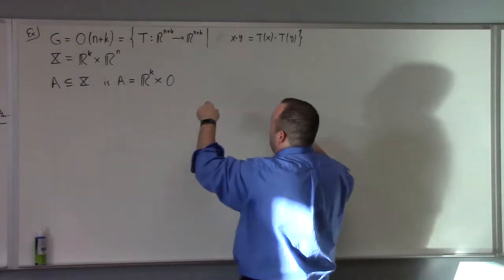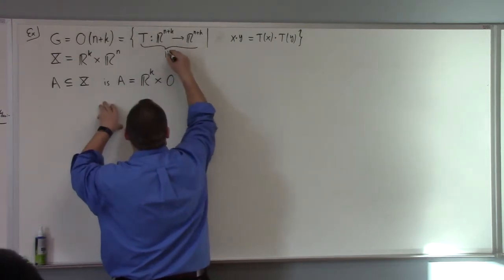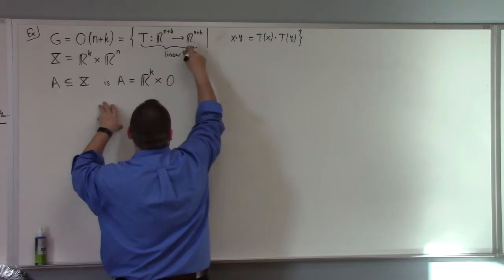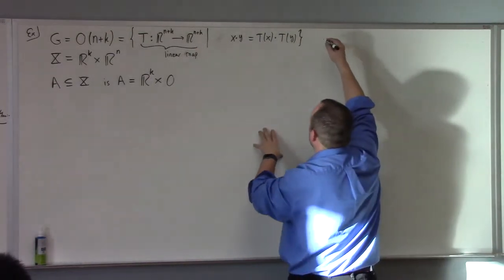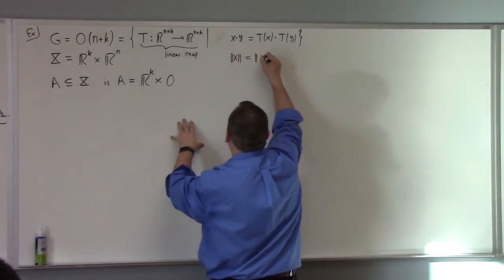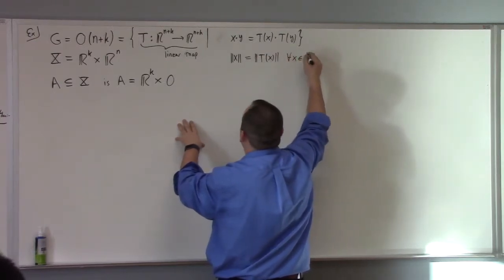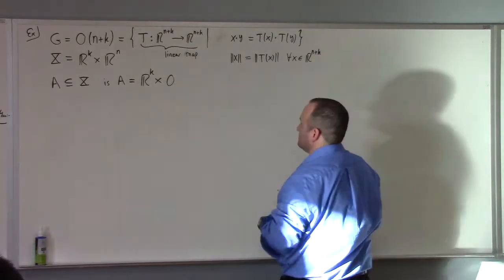But anyway, I'm assuming this is linear, a linear map which preserves the dot product. That means, among other things, that the length of x is equal to the length of T of x for all x, et cetera.